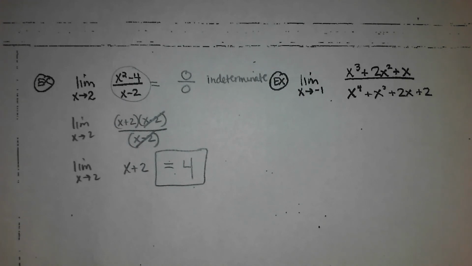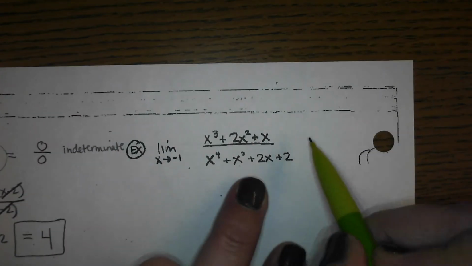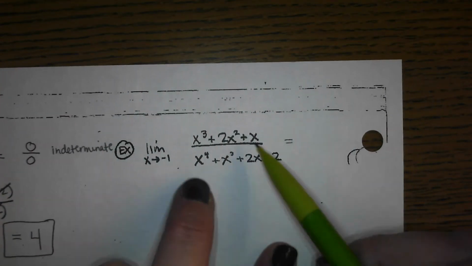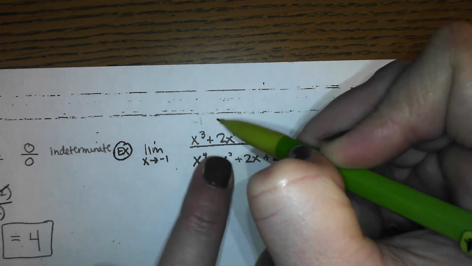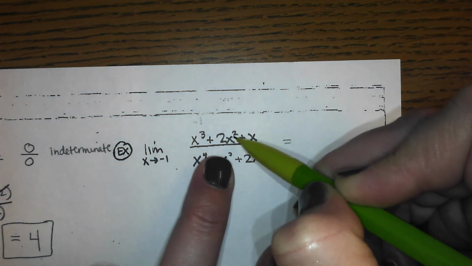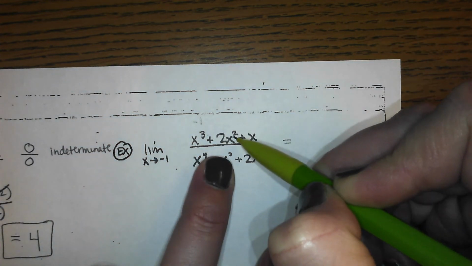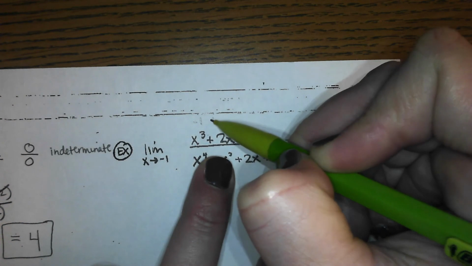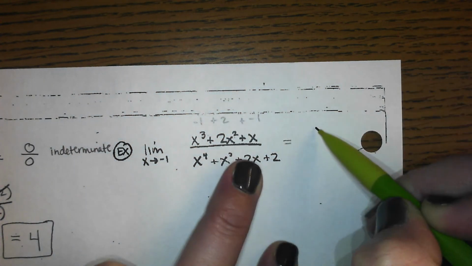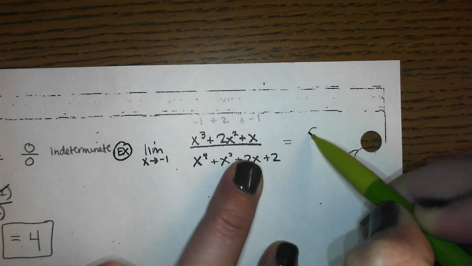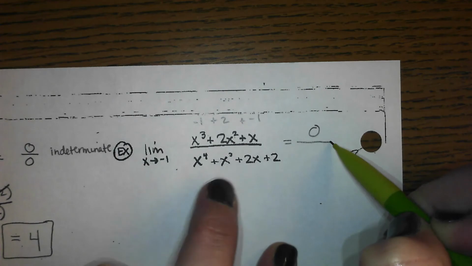Okay? So in this particular one, if I directly evaluate, what's negative 1 cubed? What's negative 1 squared times 2 plus negative 1? What's that I'll give you? 0 over.